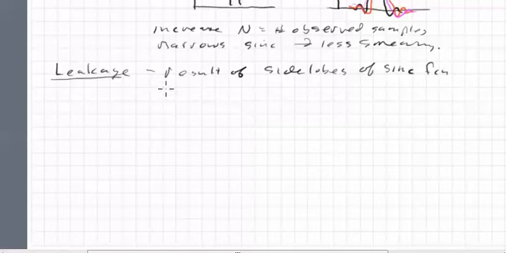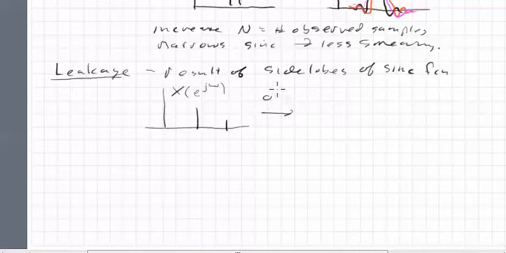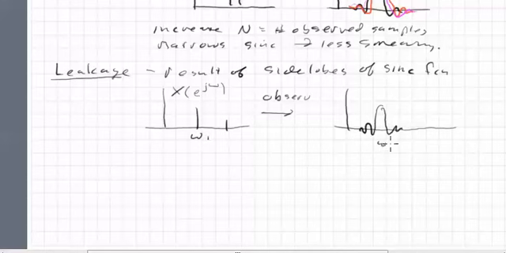So, for example, if we have a line there and a spectral line there, this is in the original signal, and then we observe it through n time samples, so that what we actually observe looks like a sinc function there at omega 1.